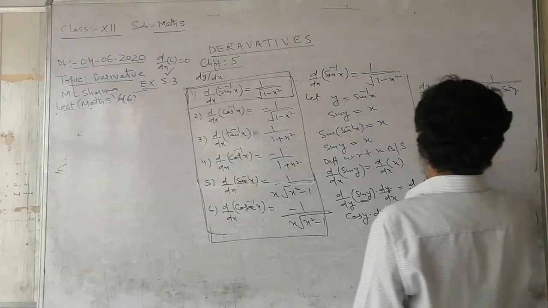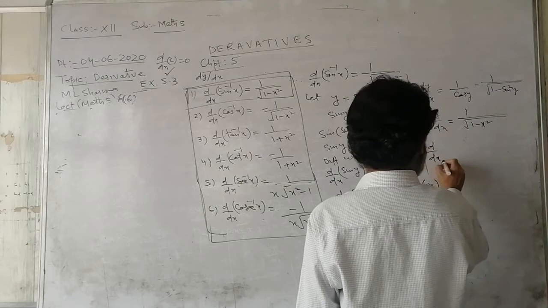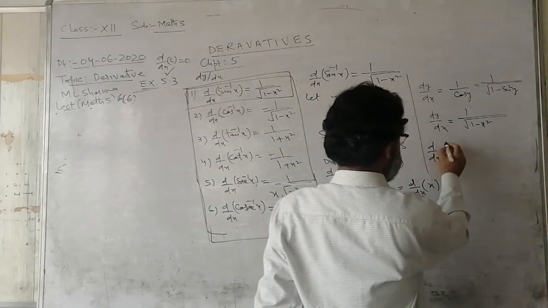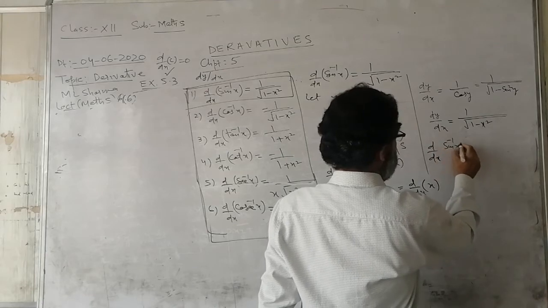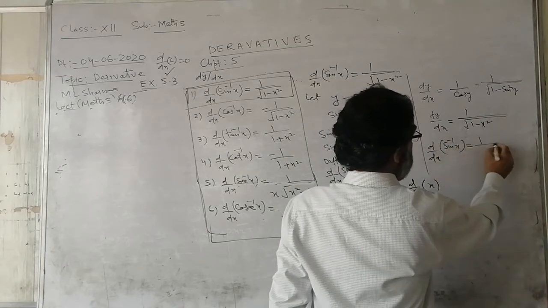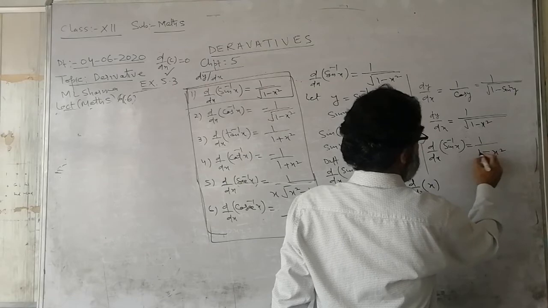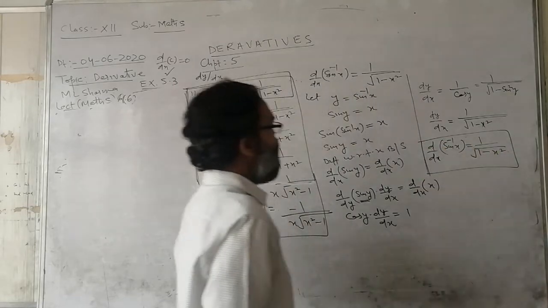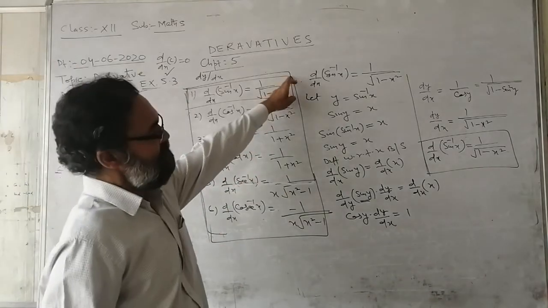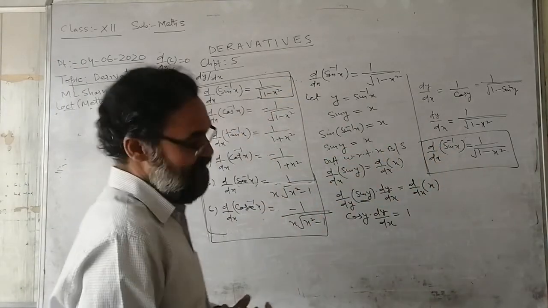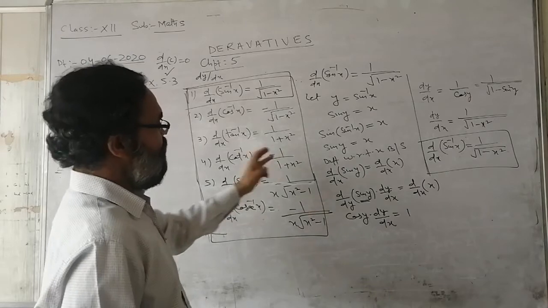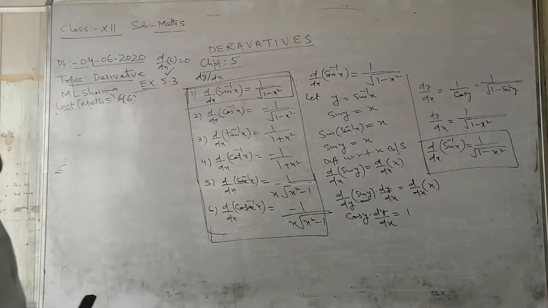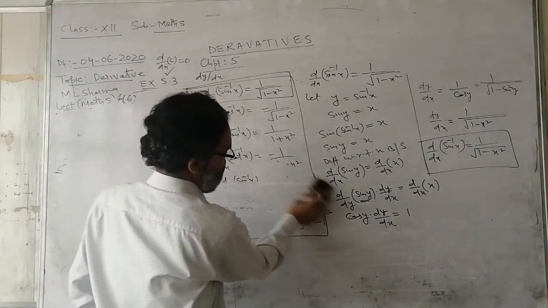So d upon dx of the value of y, it is sine inverse x, this is equal to 1 upon under root of 1 minus x square. So this is how this formula is proved. In the same manner, rest of the formulas can be proved. They are simple.